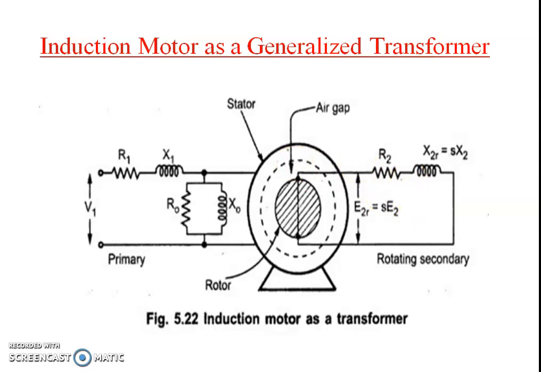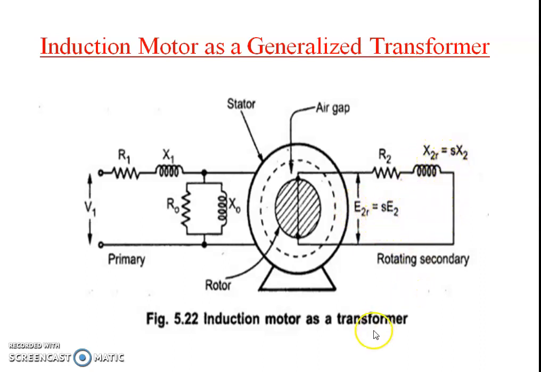Whenever there is running condition, we always consider the slip. E2 is the induced EMF when the rotor is stationary. But whenever the rotor is rotating, obviously we consider the slip. So E2R is equal to S into E2, and X2R is equal to S into X2.